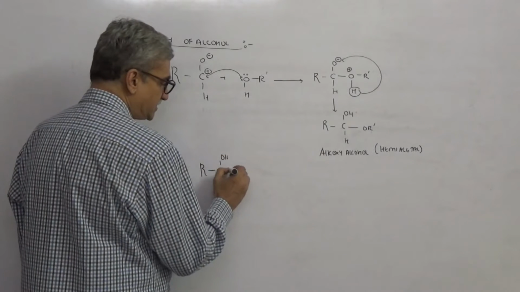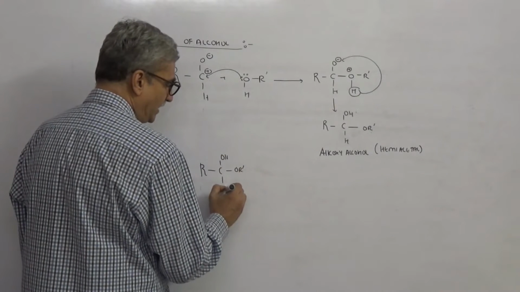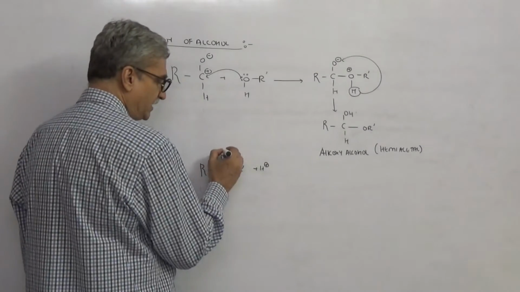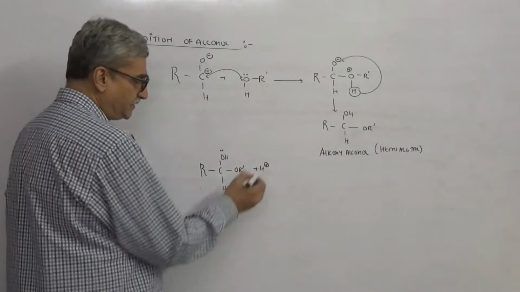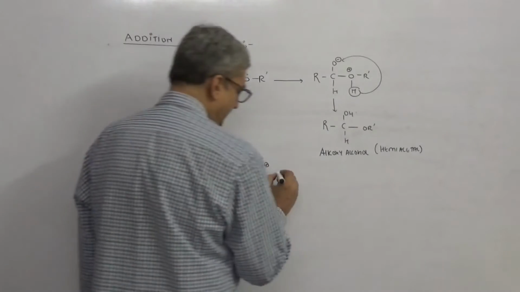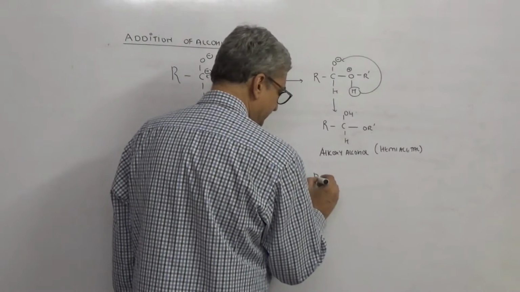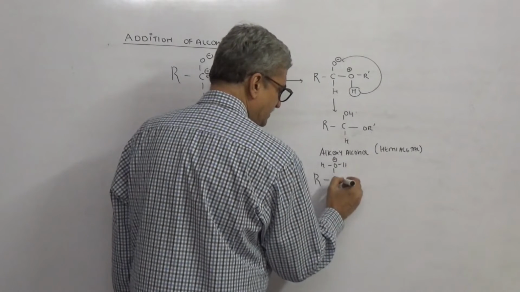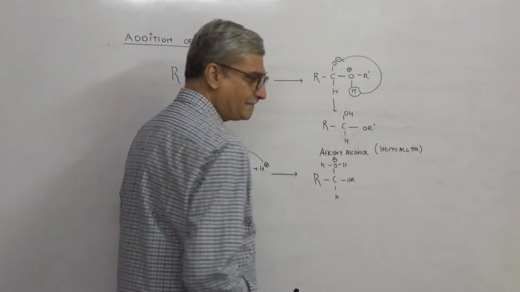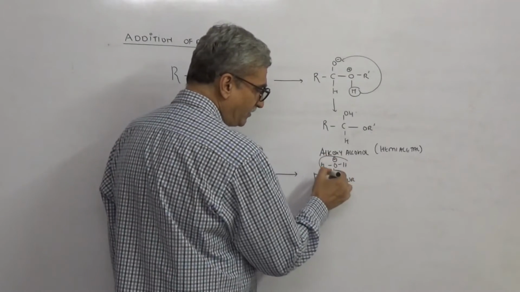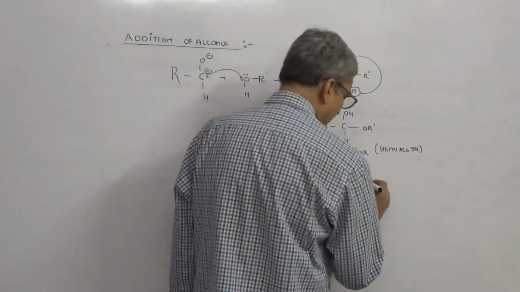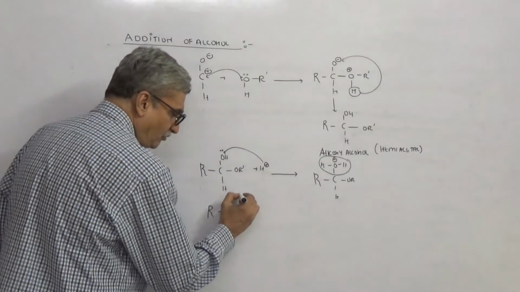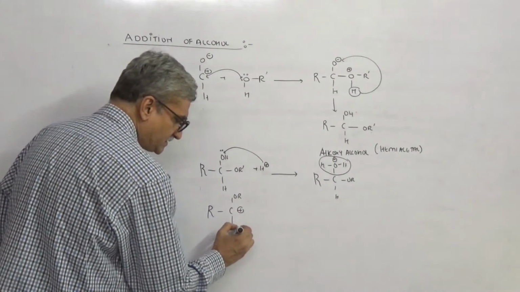Now this hemiacetal, R C O R dash H, with H plus. So what is going to happen? This H plus is going to attack the oxygen over here, and we get R C OH H plus O R and H. Now this is definitely going to eliminate water molecule, leaving behind a carbonium. So the carbonium is going to look like this, R C O R dash. I am shifting it a little bit just for convenience.